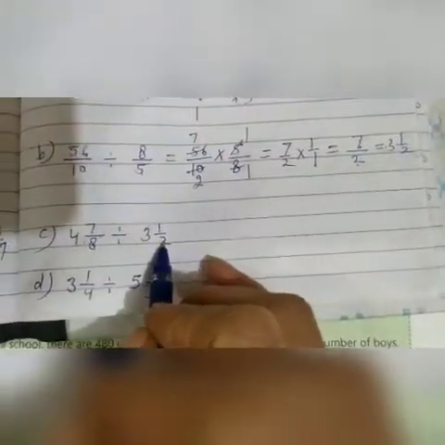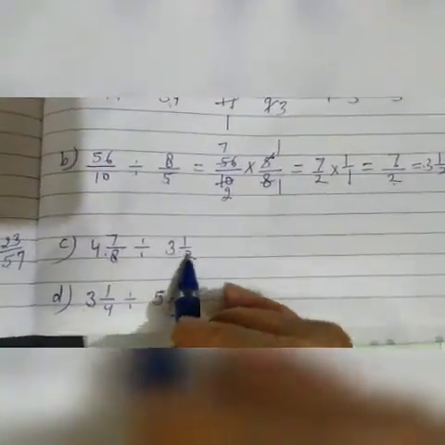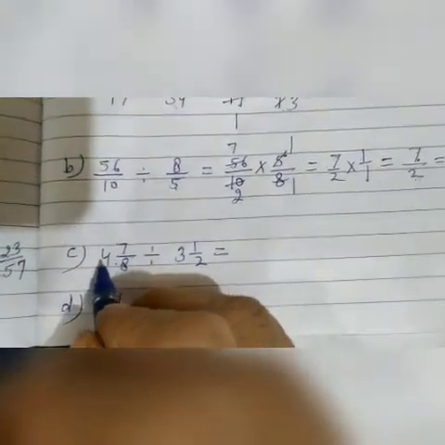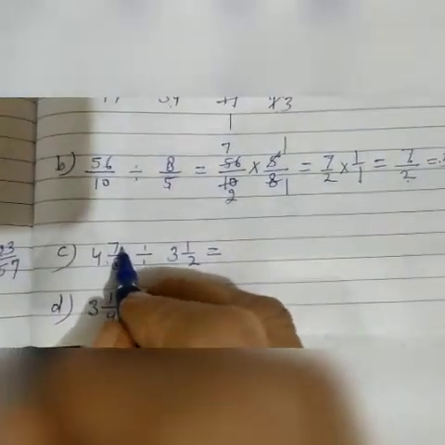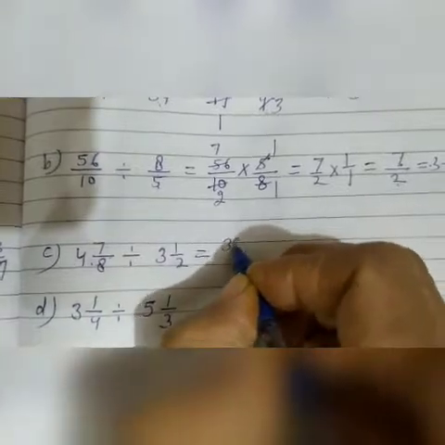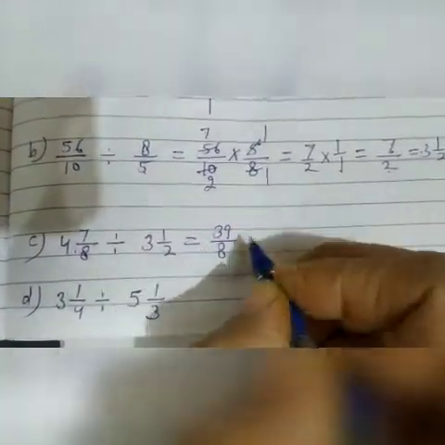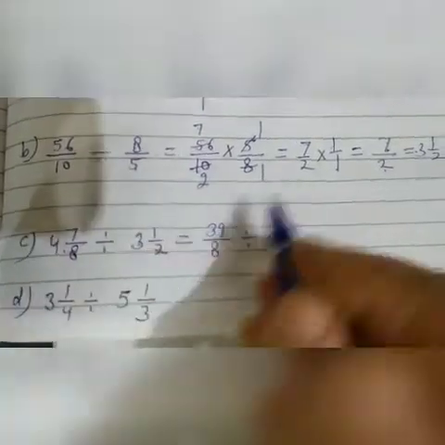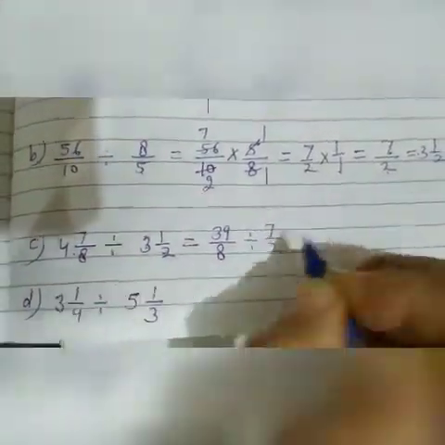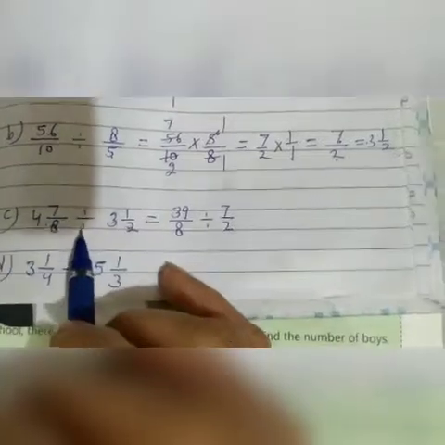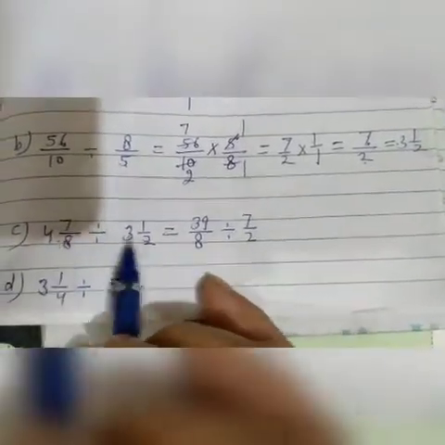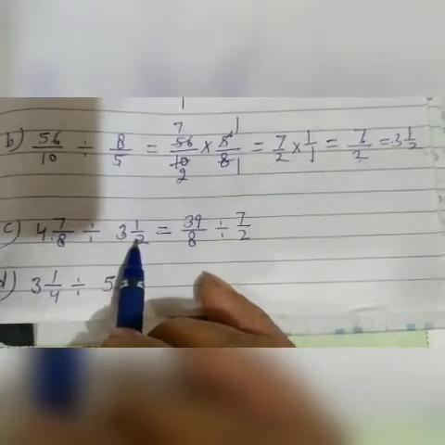Now in this part both are mixed numbers. First we will change both mixed numbers into improper fractions. So 8 fours are 32, 32 plus 7, 39 upon 8. Then divided by 2 threes are 6 plus 1 is 7 upon 2. Here students, we have not changed this division into multiply, because first we are changing these mixed numbers into improper fractions.